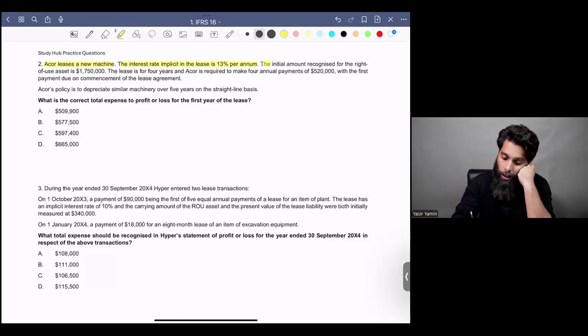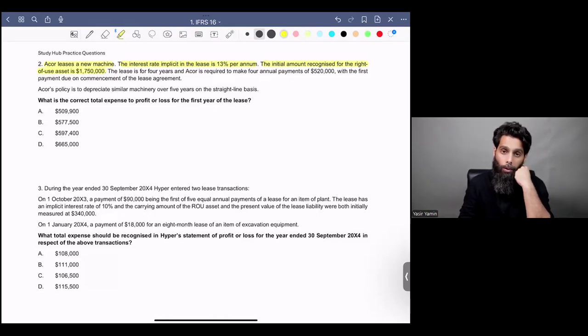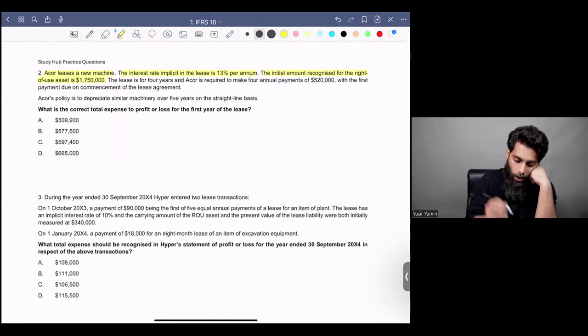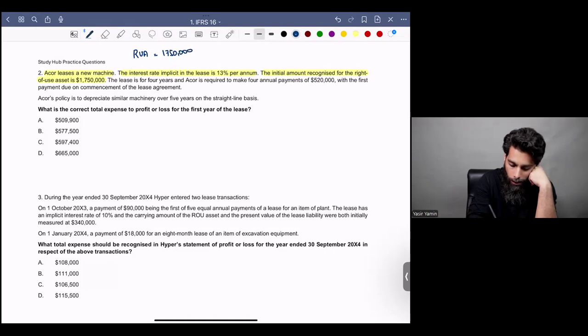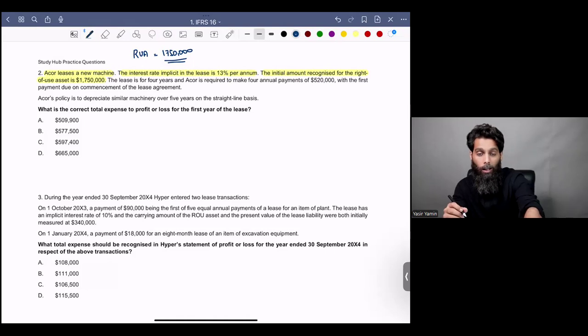The initial amount recognized for right to use asset is 1,750,000. Now, I want your attention. Right to use asset has been measured at 1,750,000. Make sense? This is the initial amount recognized for right to use asset.